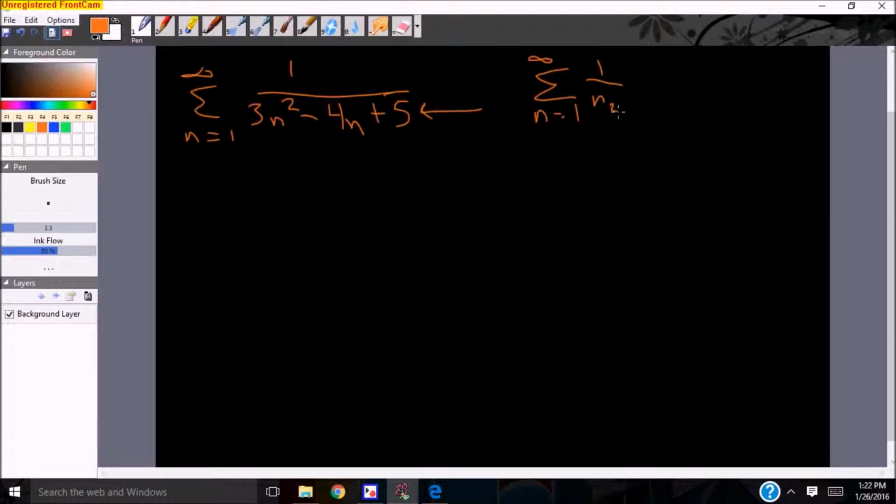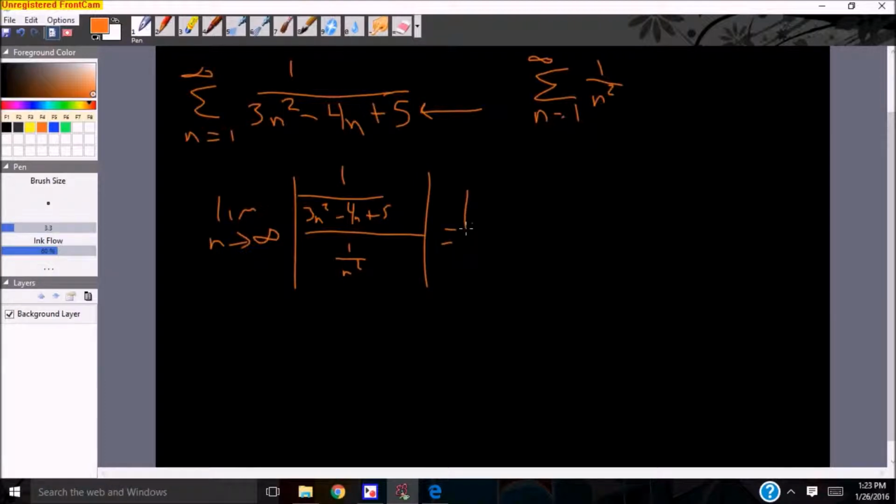I know what 1 over n squared does. I know that that's a p-series, and that it will actually converge. So now I'm going to take the limit as n goes to infinity of the absolute value of 1 over 3n squared minus 4n plus 5, all divided by 1 over n squared.